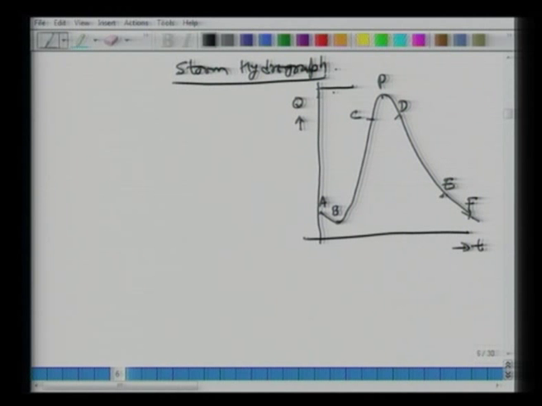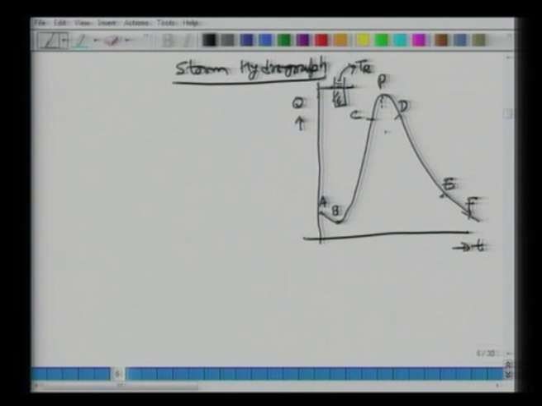What we normally do is plot the effective rainfall hyetograph on top, which produces this storm hydrograph. So, this is your ERH, and this time duration is called TR, or the duration of the rainfall.